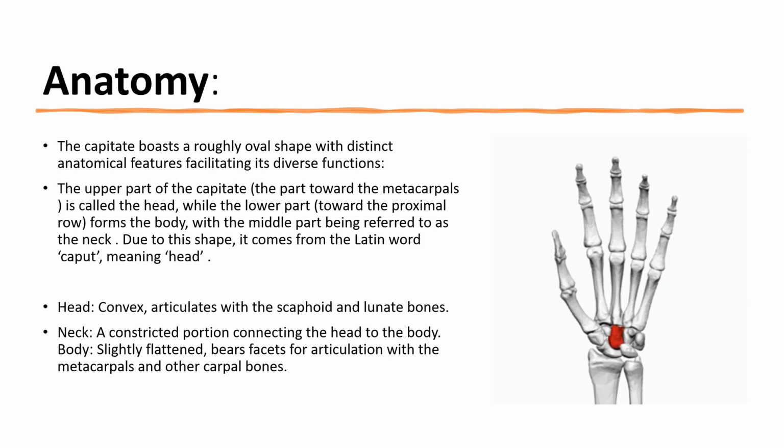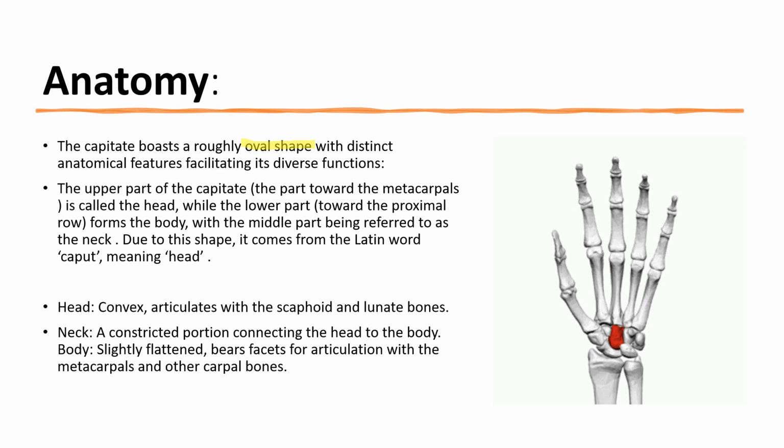When we talk about the anatomy of the capitate, the bone has an oval shaped structure with a diverse function and anatomical features from other carpal bones.